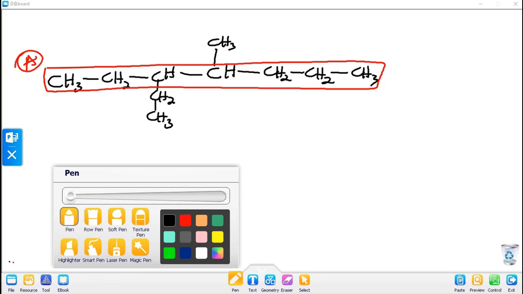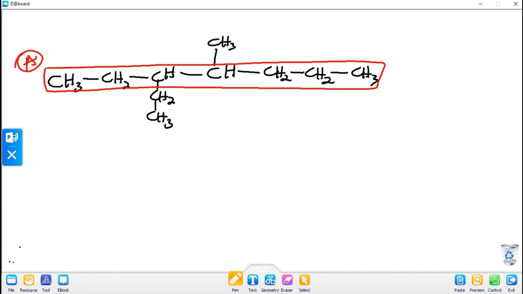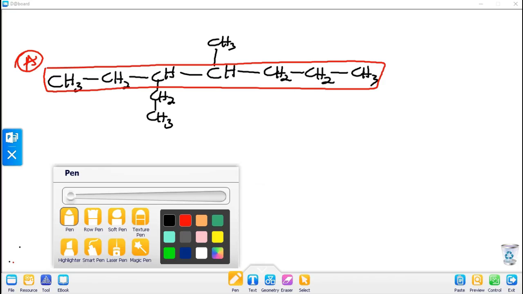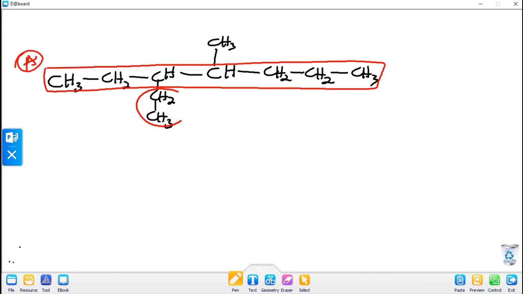Now, having seen that, we have taken our parent chain as the longest continuous chain. So let us go ahead to number the parent chain, because we've identified our parent chain, and identifying our parent chain automatically we have also identified our side chains. So let us proceed now to number the parent chain. Don't forget, the numbering of the parent chain affects the side chain. How?